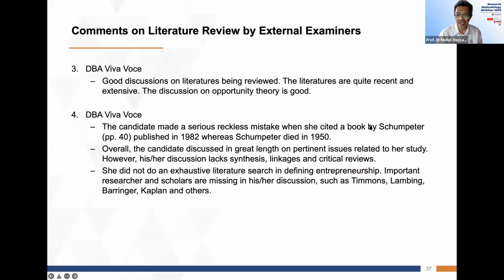Hold on a second, let me check. For systematic literature review, it's advisable to use, yes, PRISMA. Yeah, I was about to get to that. Yes, PRISMA, or Preferred Reporting Items for Systematic Reviews. I would encourage you to use PRISMA because it helps you a lot in systematic literature review.